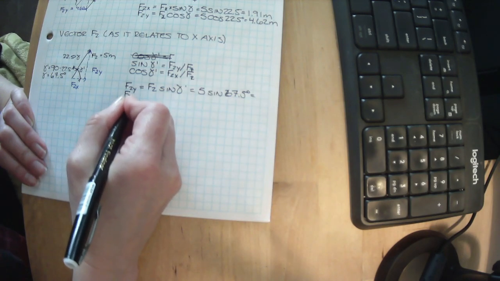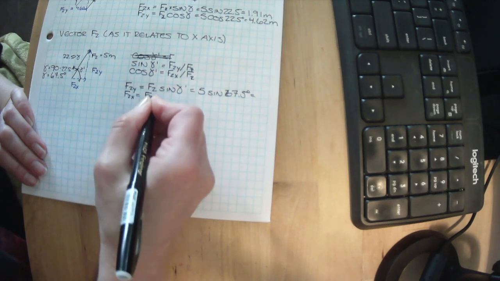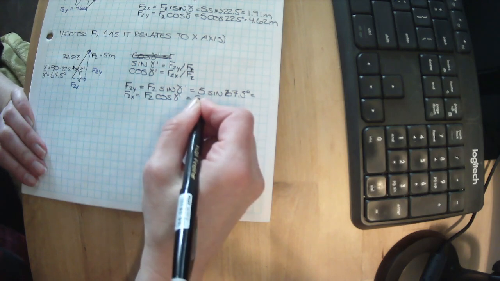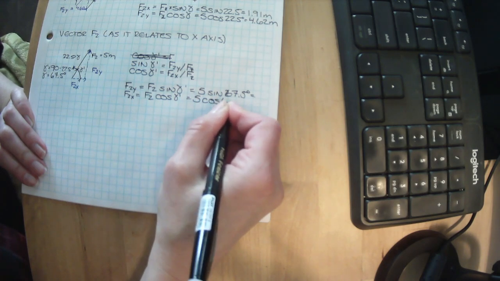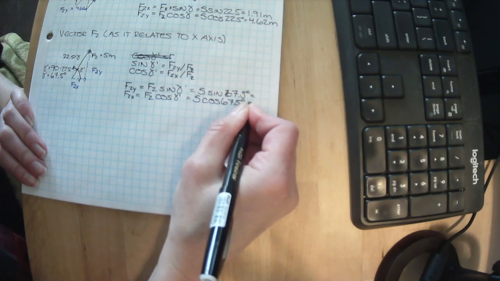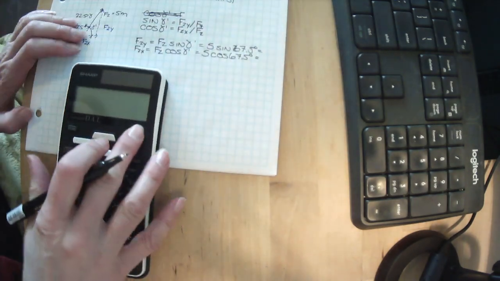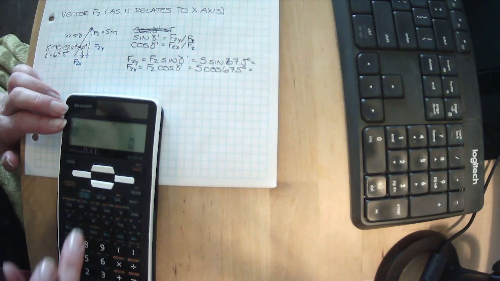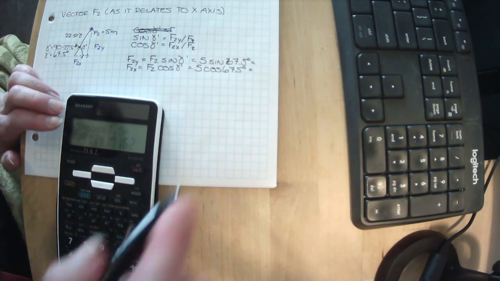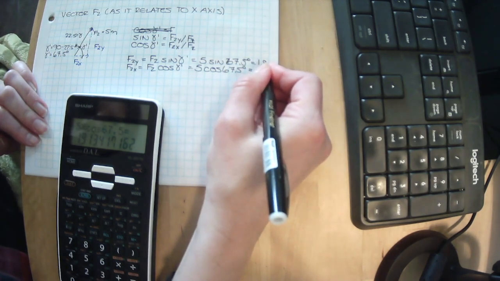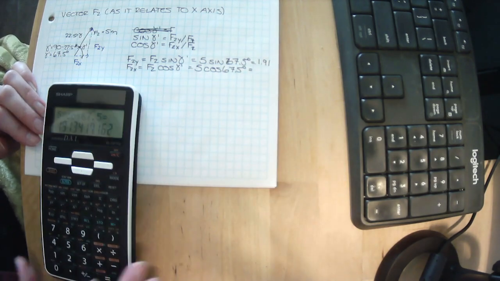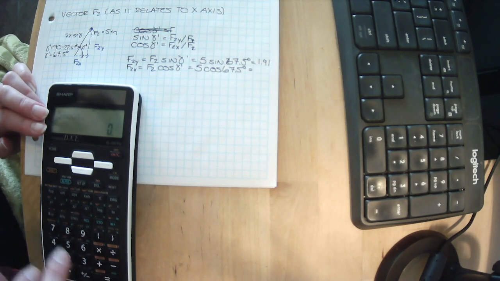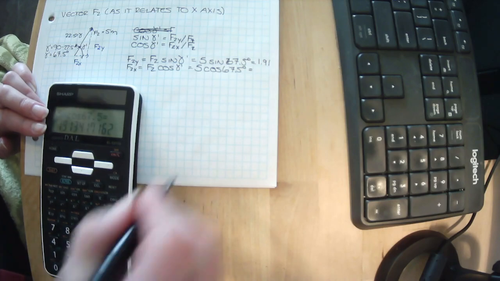And F2x equals F2 times the cosine of our gamma prime, 5 times the cosine of 67.5 degrees. Okay, we can calculate these out.